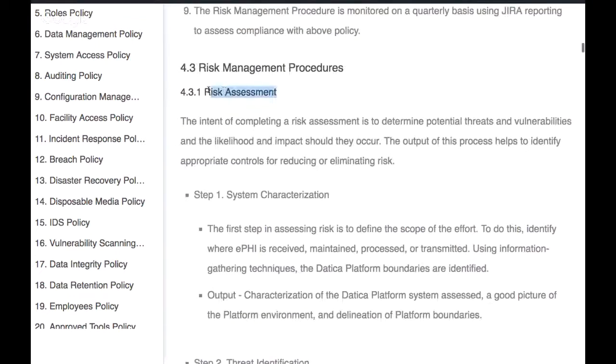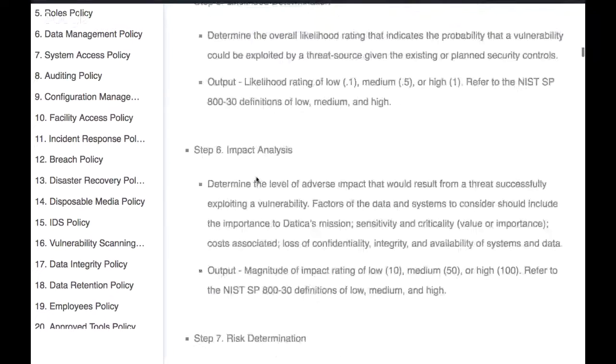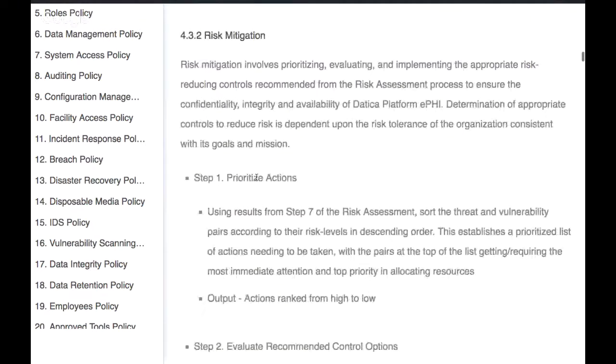So after they assess the risk, mitigation is how do we mitigate the risk? How do we prioritize? What do we prioritize higher to mitigate the risk, so that we maintain confidentiality, integrity, and availability of the application. Determination of appropriate controls to reduce risk is dependent upon the risk tolerance of the organization, consistent with its goals and mission.